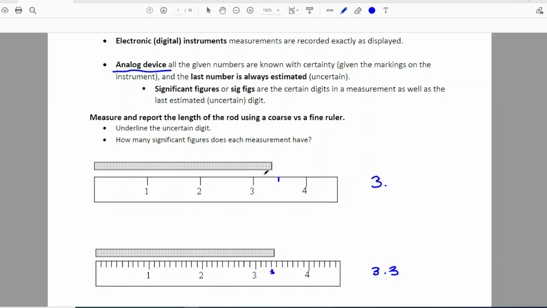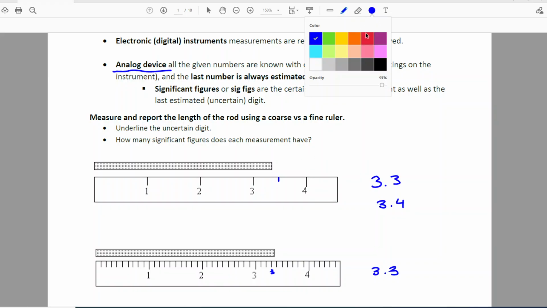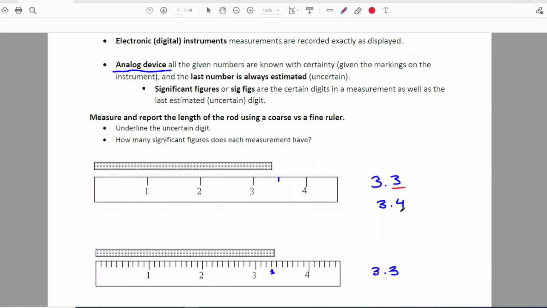So it's less than 3.5. How much less, how much more than 3? That's up to you. It's uncertain. So some people might read this as 3.3. Some people might read this as 3.4, and that's totally okay. So this last digit here is always an estimation, and it can be different for every person.